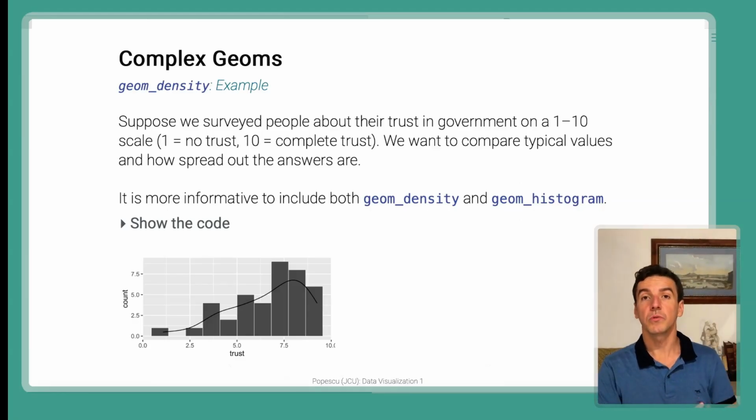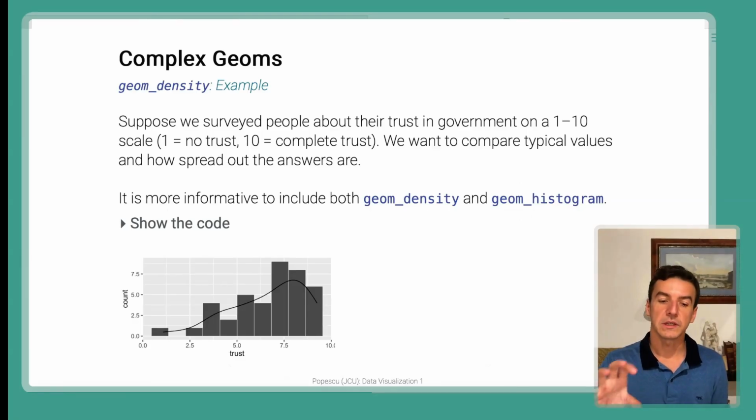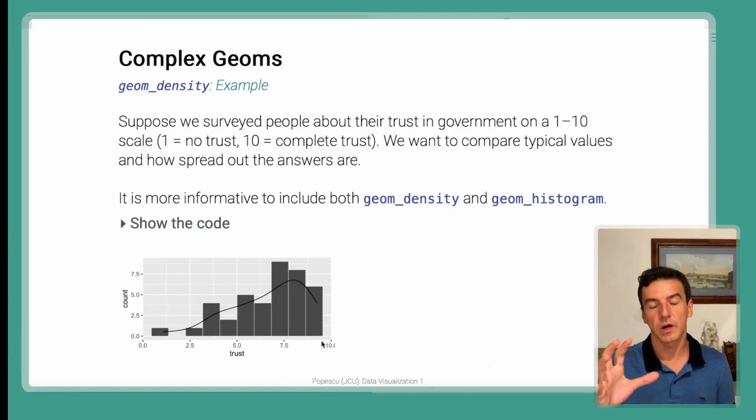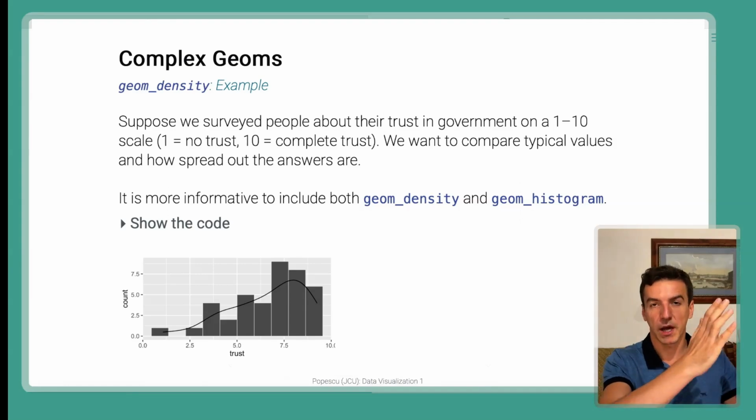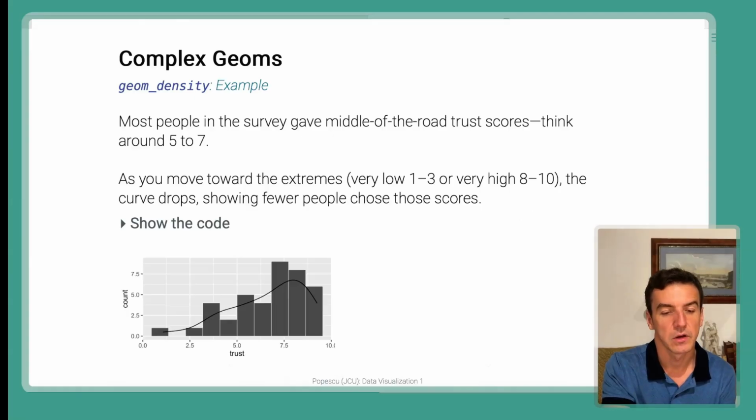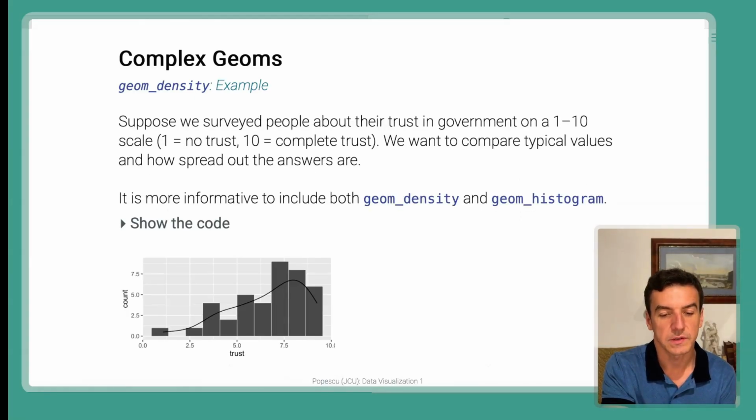Obviously, it's actually much more informative if we include the density alongside the histogram, like here, right? This gives us a better sense, on the one hand, of how many different values we have for the different bins, but also more or less the shape of the distribution of our data. So how do we interpret this?